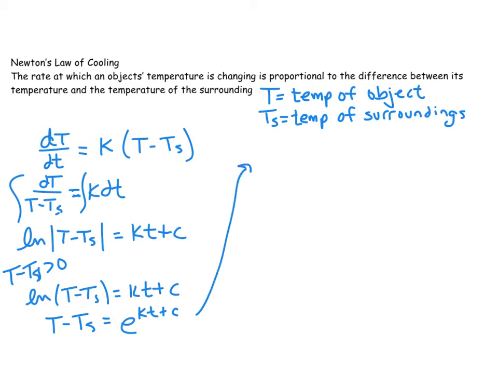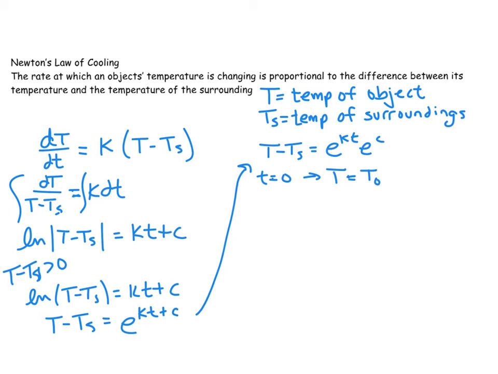We will rewrite that now as T minus T sub S equals e to the kt times e to the c. We know initially when t equals 0, then capital T will equal the initial temperature at the beginning.